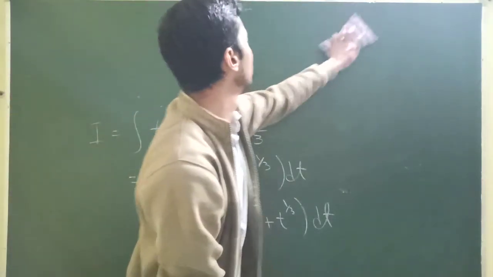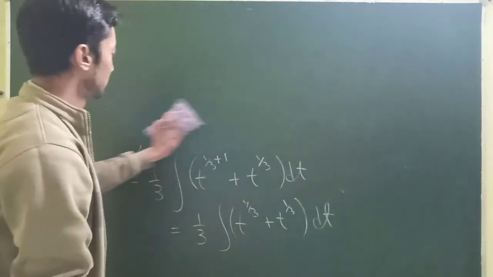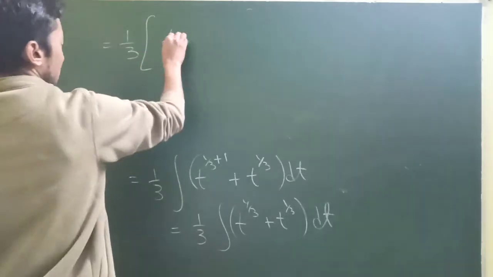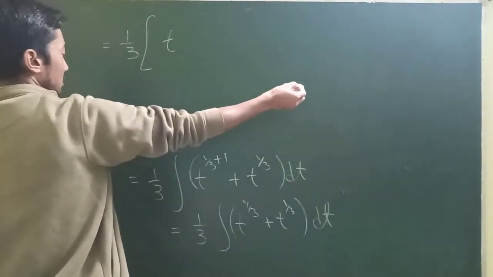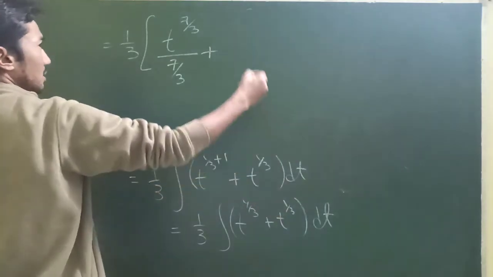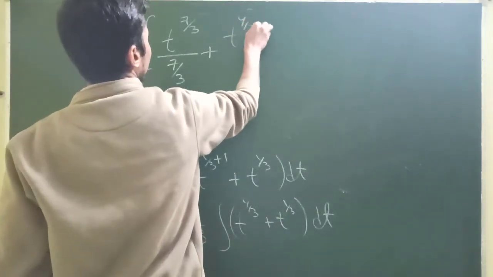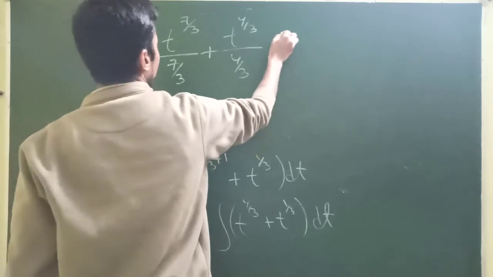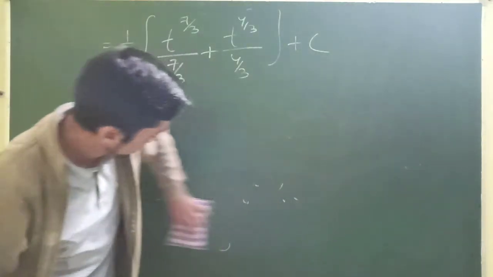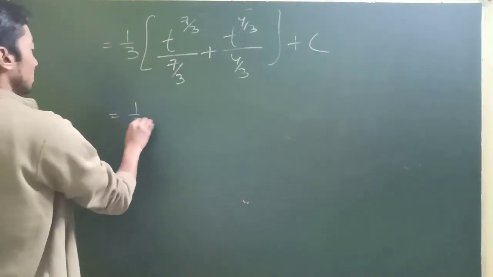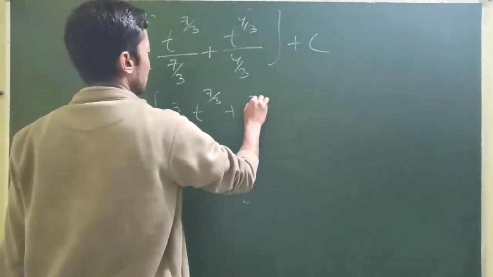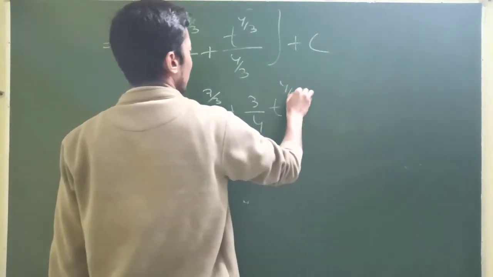So our job is just to integrate 1 by 3, t power 4 by 3 plus 1, that is 7 by 3, upon 7 by 3, plus t power 1 by 3 plus 1, that is 4 by 3, upon 4 by 3, plus C. Okay, now, so let's simplify. 1 by 3, 3 by 7, t power 7 by 3 plus 3 by 4, t power 4 by 3.